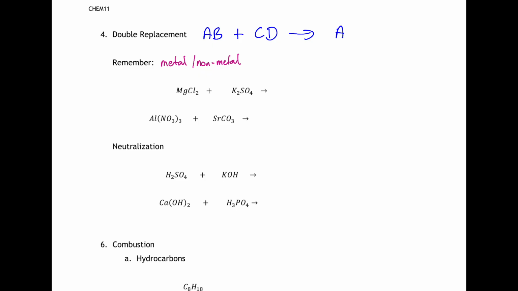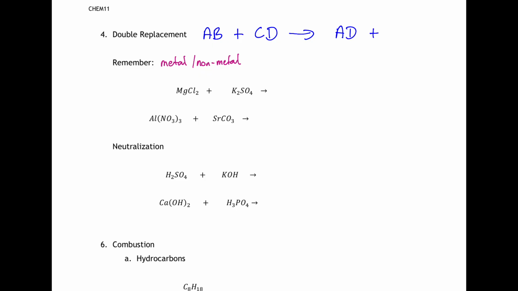But just the same way, the second part of each compound also has to stay the second part of each compound. So what's the only other thing that's not B that could stick to A? D is the only thing that could also stick to it. So A is going to match with D here.